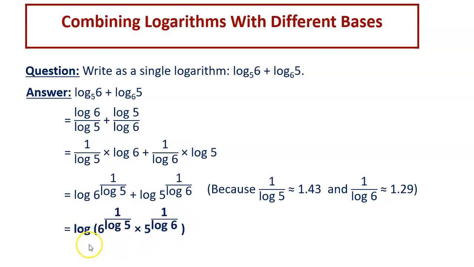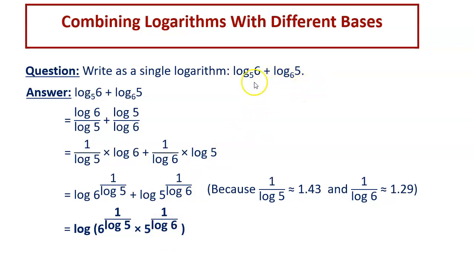It is log of 6 to the power of 1 over log 5 times 5 to the power of 1 over log 6. Of course, you can get the numerical value of this and give log of that value, but you can keep the answer in this form as well. So this is how you get to a single logarithm when the bases are different.